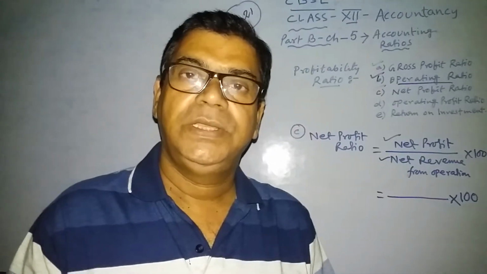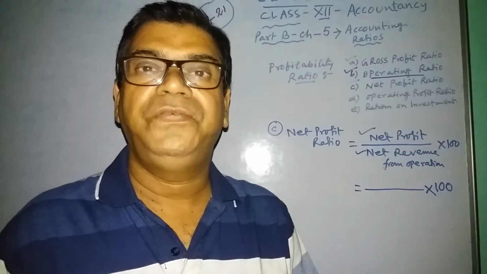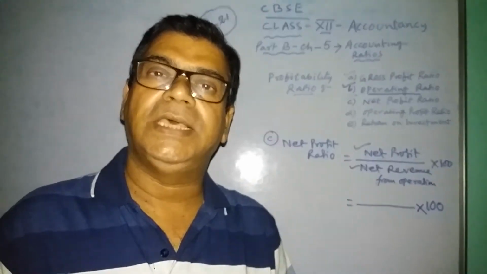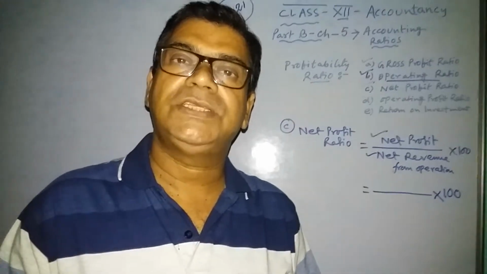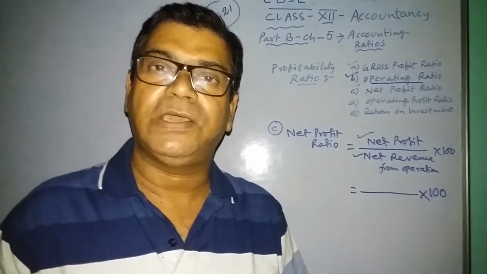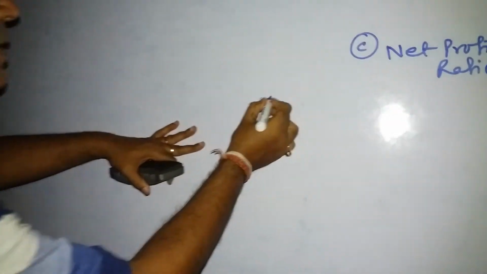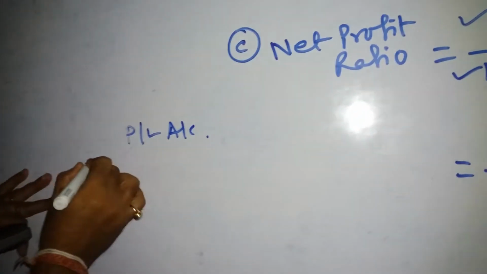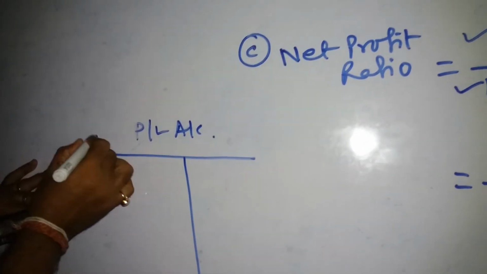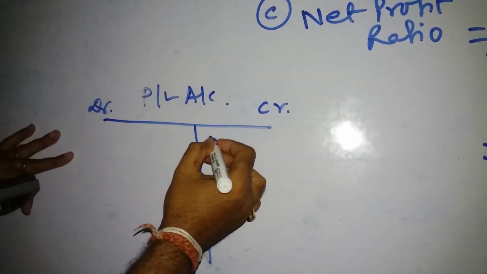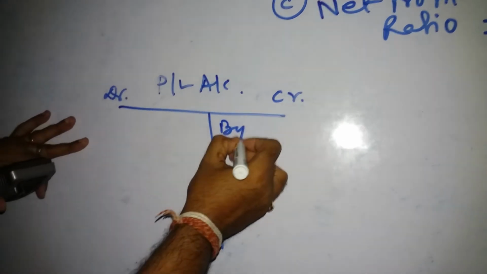For that purpose, we should have the knowledge of the profit and loss account that we prepared in the 11th class financial statement chapter, the final account chapter. Just I am reminding you, we have done the P&L account previously. This is the debit side, this is the credit side. If there is gross profit, we write it on the credit side.